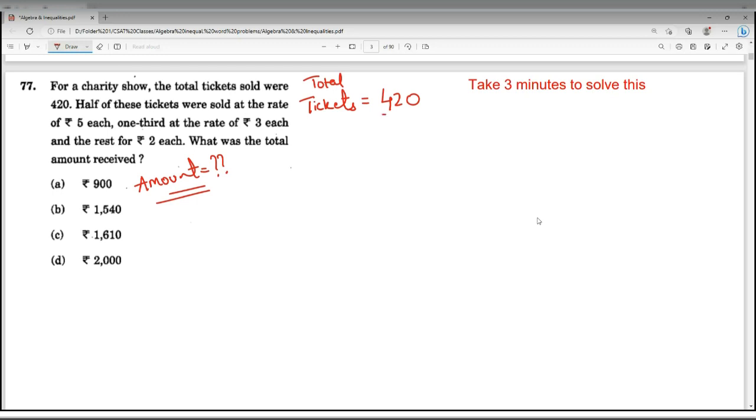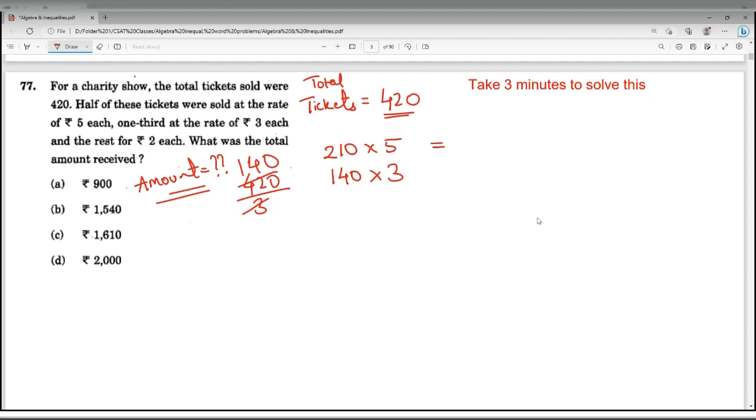In this 420, half were sold at 5 rupees each. Half of this is 210, sold at 5 rupees. 1/3 at the rate of 3 rupees each. 1/3 of 420 is 140. 140 into 3.